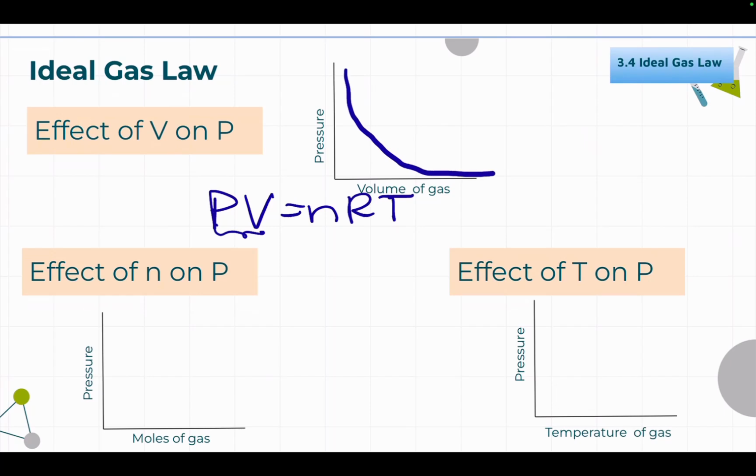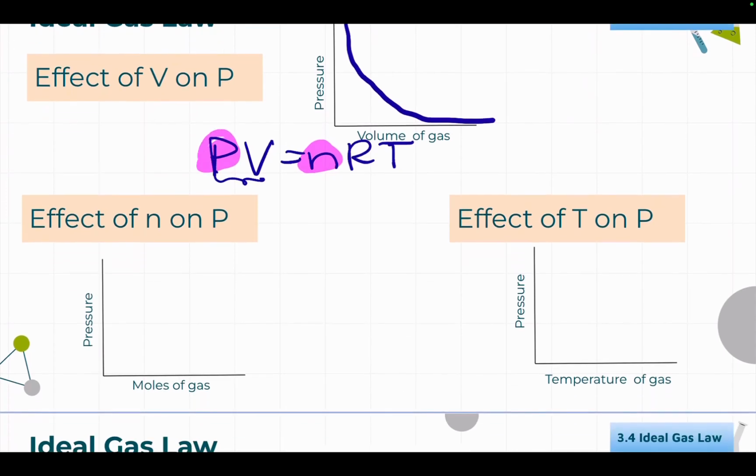The relationship between pressure and moles is a direct relationship. As I increase the number of moles, there are more particles that exert a force on the interior surface of a container through collisions. There are just going to be more collisions.